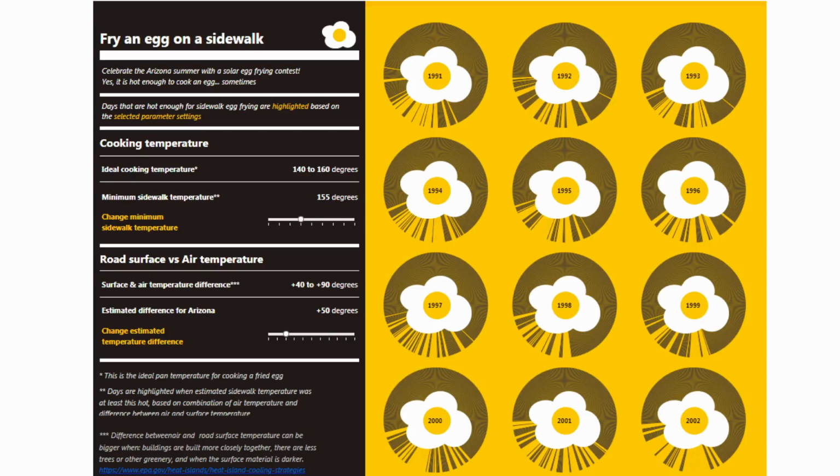You can fry an egg on many, many days in Phoenix. And so the data confirms that. It's a simple finding. We already knew this, but nevertheless, you can see how storytelling can be very effective for communicating data inside your organization, making your organization more effective at working with data.